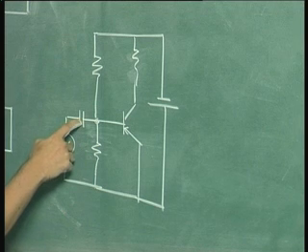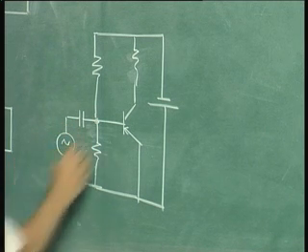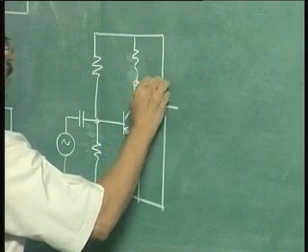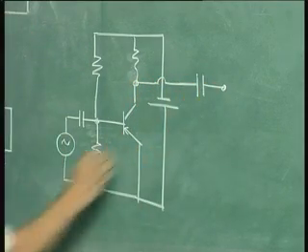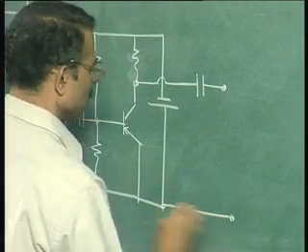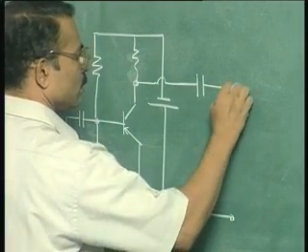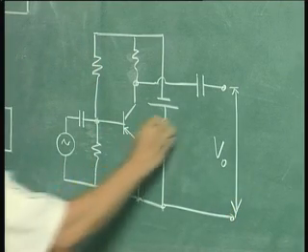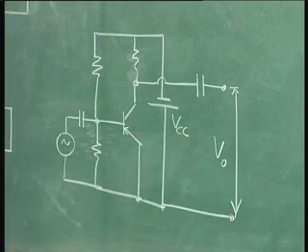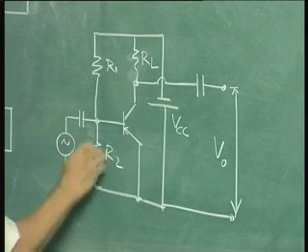This coupling capacitor provides DC isolation between this point and this point. Similarly, the output is then taken from here through another coupling capacitor. This is the output. So this is the so called VCC. This is the load resistance RL. This is R1, R2.